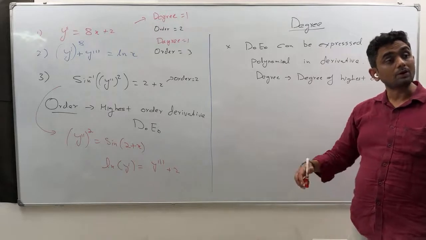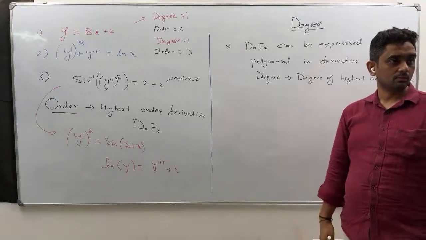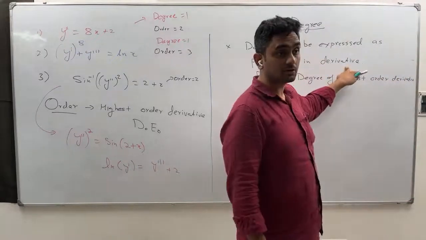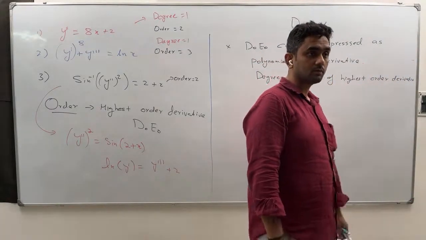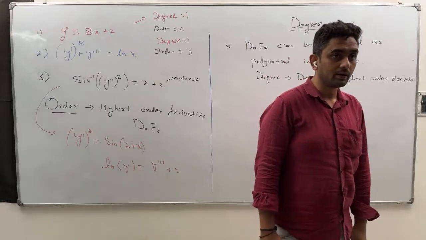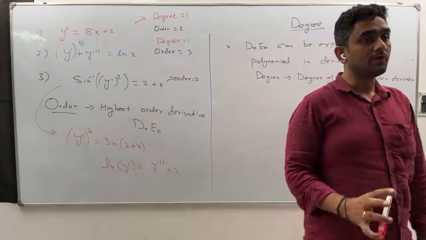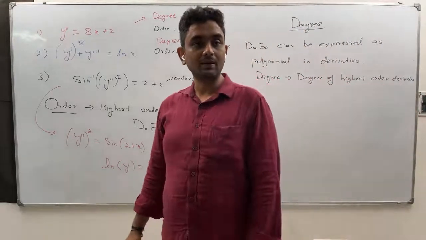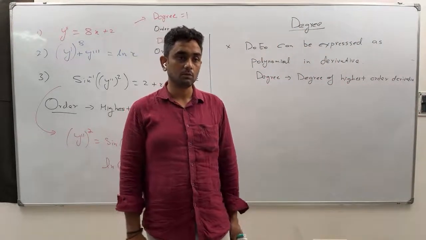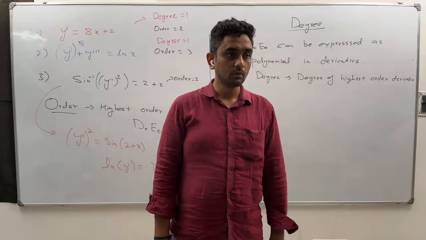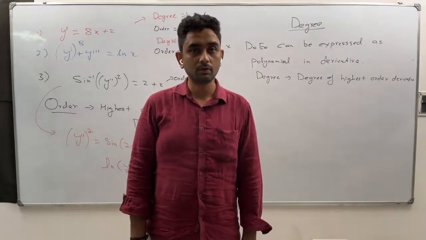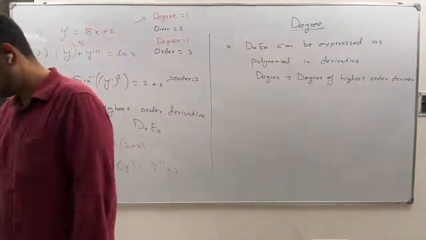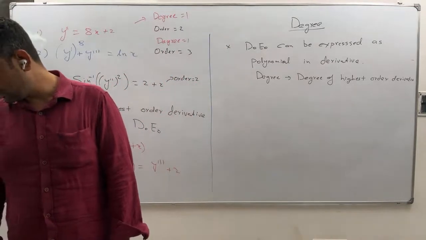It should be a polynomial in all the derivatives, not just the highest order. Variable and constant can be anything: trigonometric, exponential, we do not care. But the derivative should be a polynomial. That's how we find out order and degree.